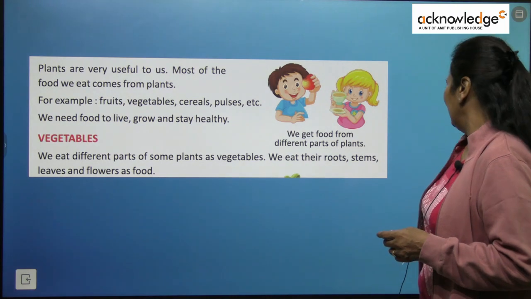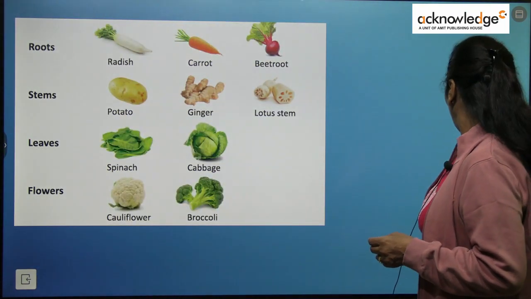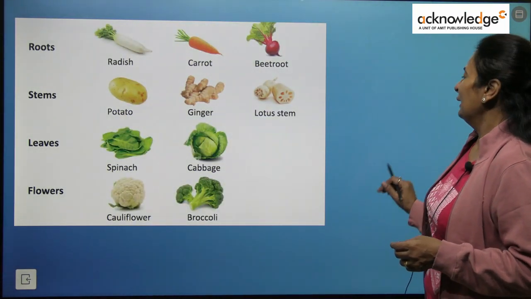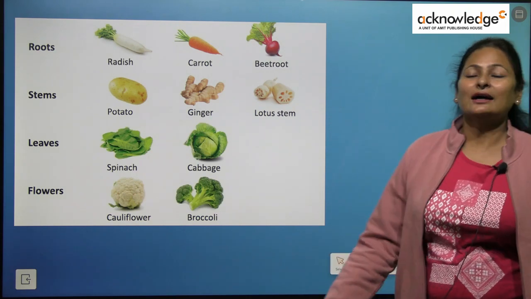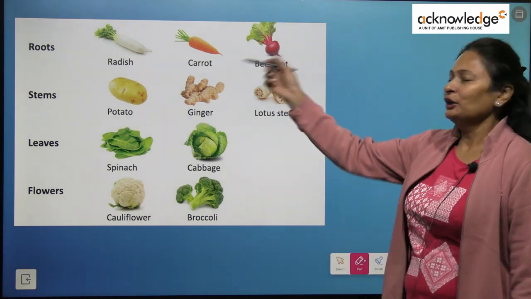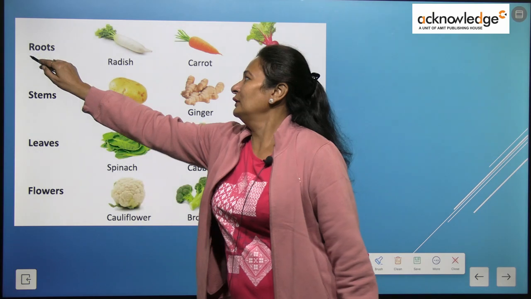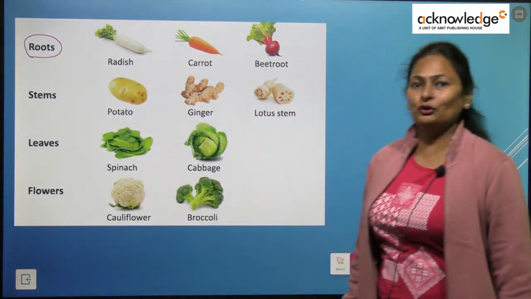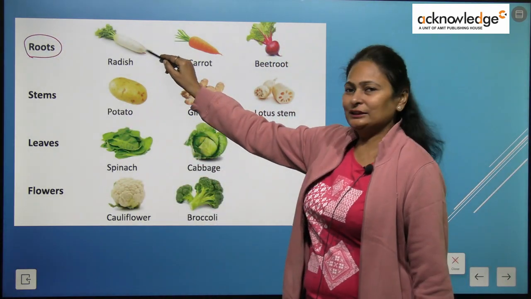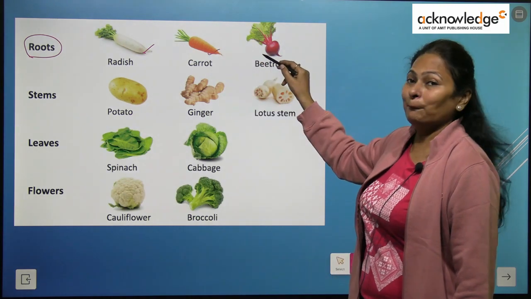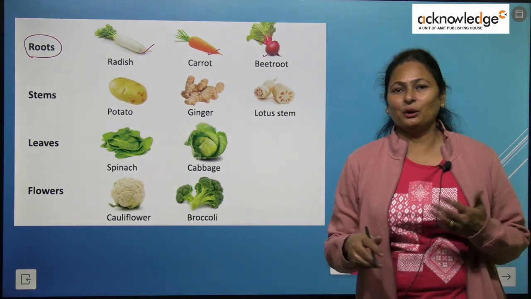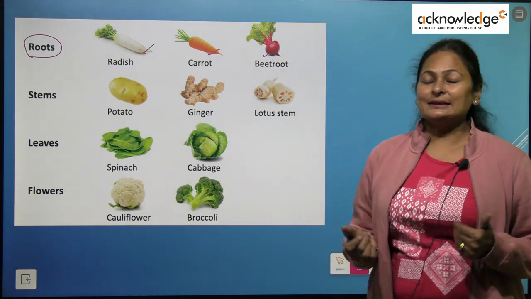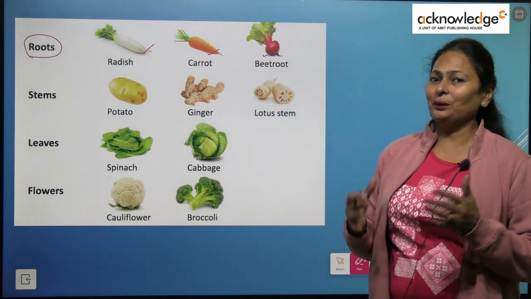So let's see the examples of different parts that we eat as vegetables, like roots. The examples of roots are radish, carrot, beetroot. Yes, we all eat carrot, radish, beetroot.